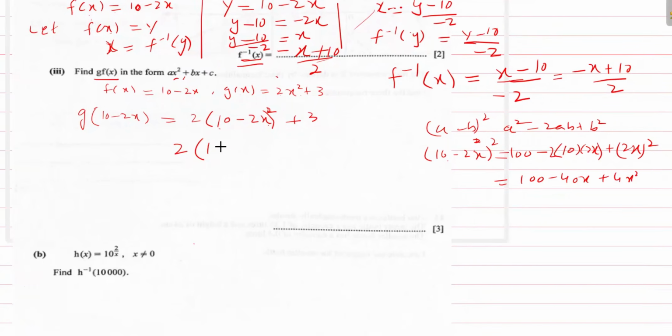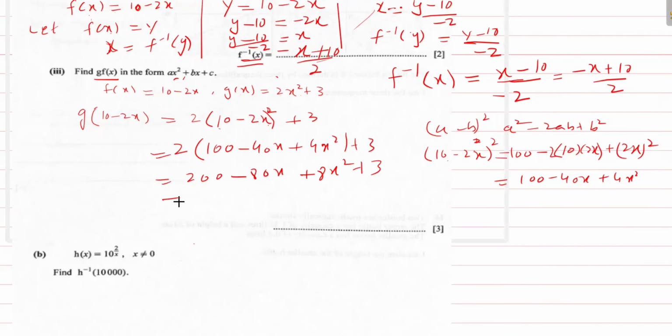And we write this 100 minus 40x plus 4x square plus 3, and this will be equal to 200 minus 80x plus 8x square plus 3, and this is 8x square minus 80x plus 203. And this value is in the form of ax square plus bx plus c. And this is the answer.